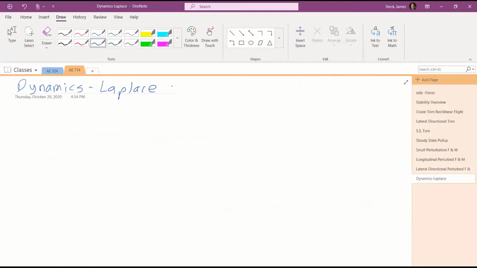So we're going to look at Laplace transforms because that's our tool for solving differential equations.